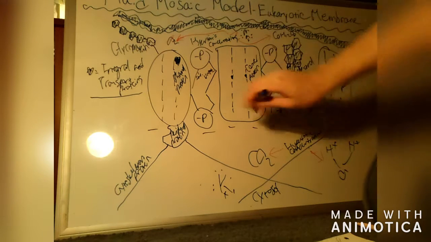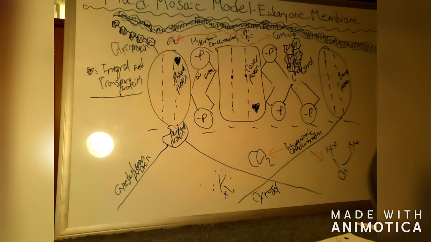So little squiggly lines inside of this wavy little bubble thing is going to be our extracellular matrix proteins.